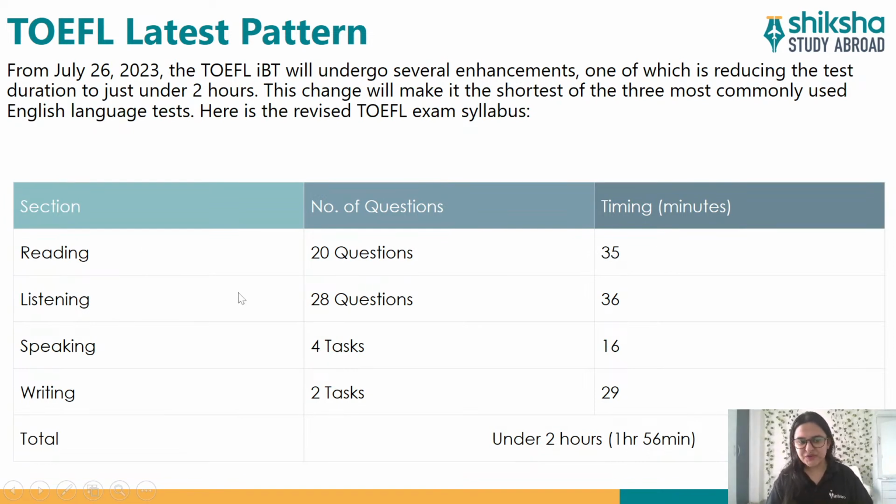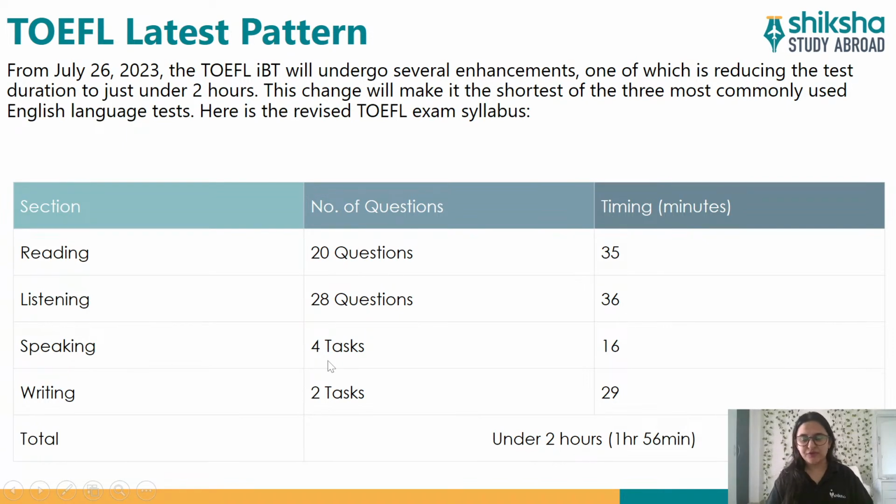Listening has 28 questions now. Earlier it was a little bit more. So there has been a very slight, in fact negligible, change in listening and speaking. The major changes have been in reading and writing. Just remember that. Listening again has 28 questions and 36 minutes to complete this module.